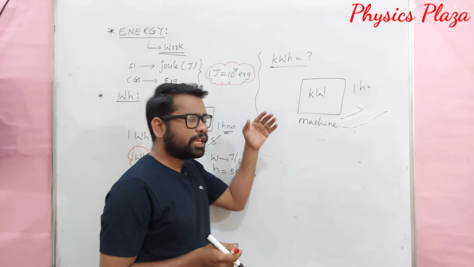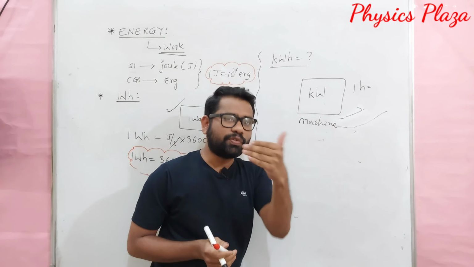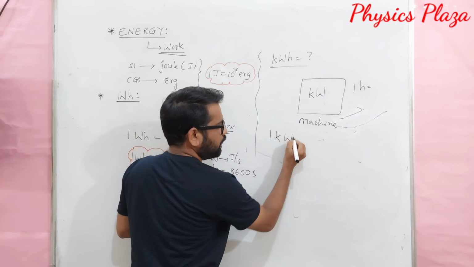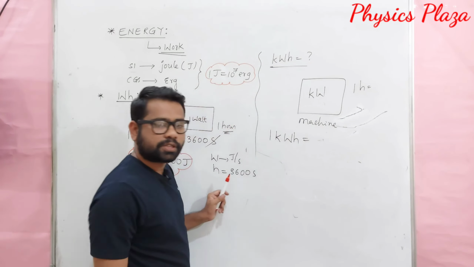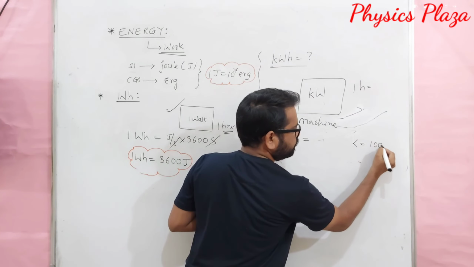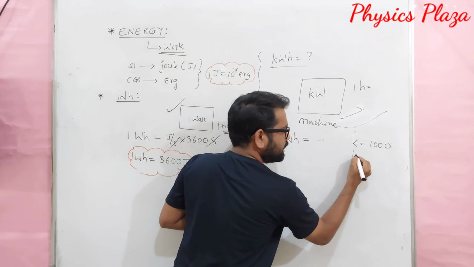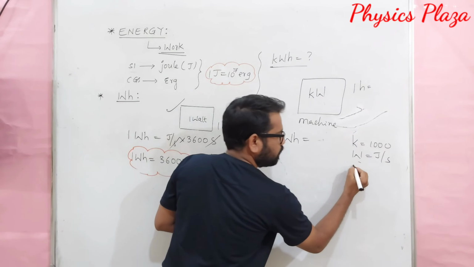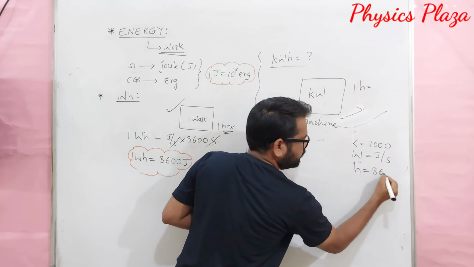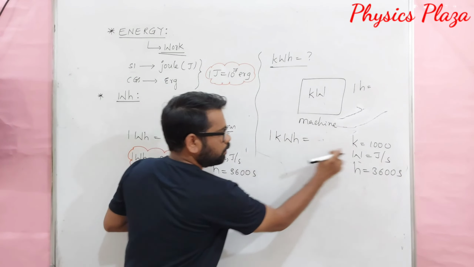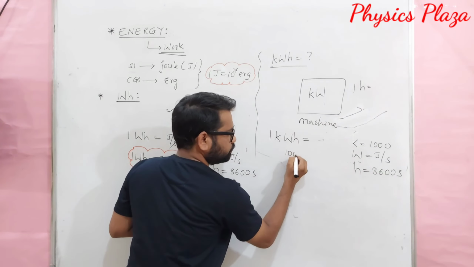Let us see now. 1 kilowatt hour is equal to how many joules? Children, it's very important. Kilo means 1000. Watt is equivalent to joule per second. And 1 hour is equivalent to 3600 seconds. Let us substitute. In the place of kilo, write 1000.